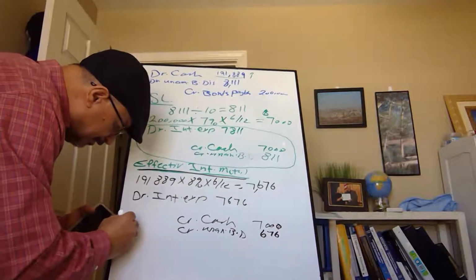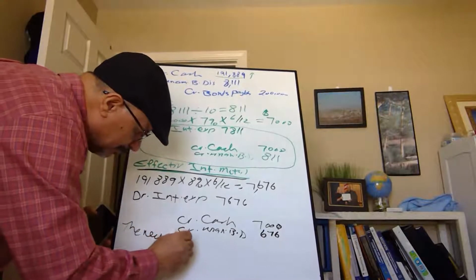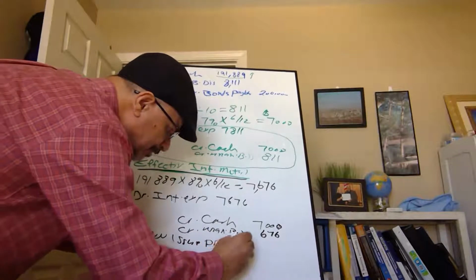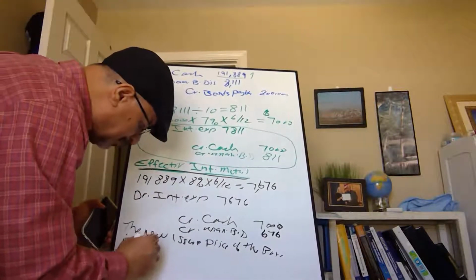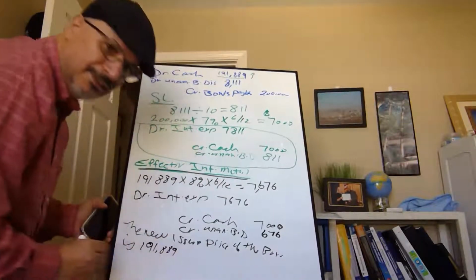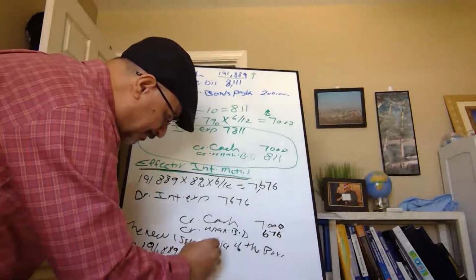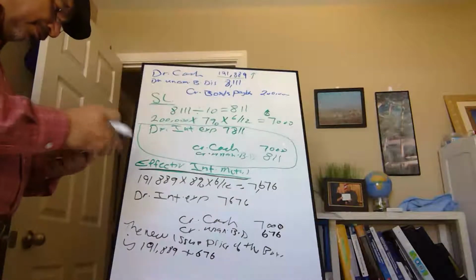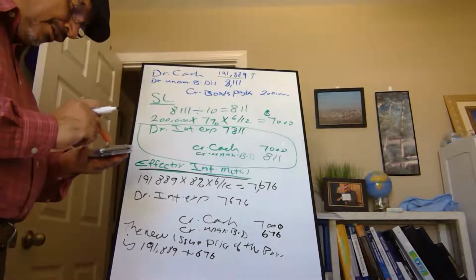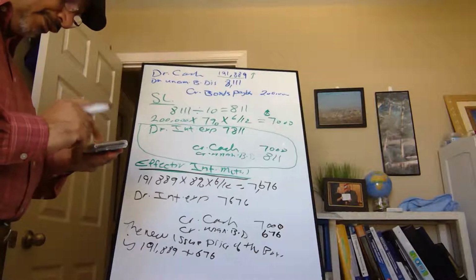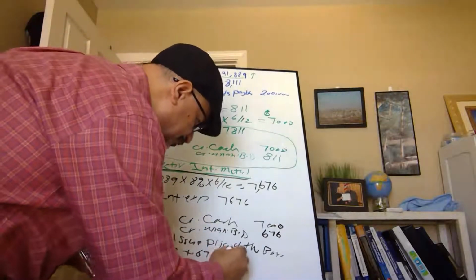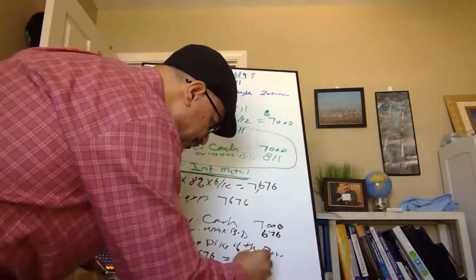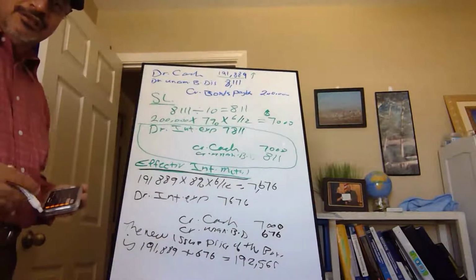Okay, so the new issue price of the bond is going to be 191,889 plus 676, and that will give us 192,565.